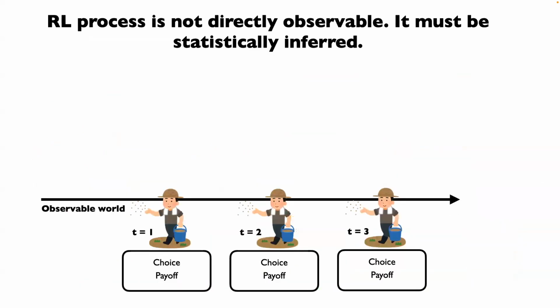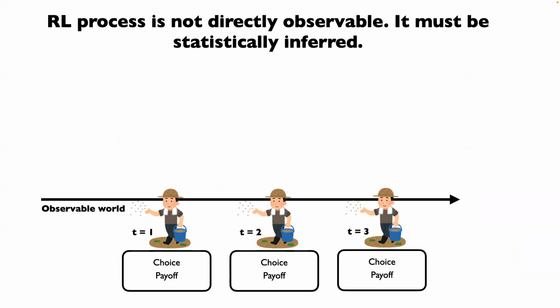So this recursive process can basically be split into two parts. One is the observable part. Observable means observable from outside, like us watching him.